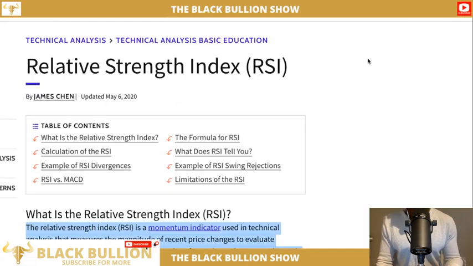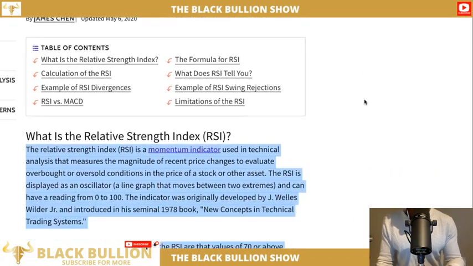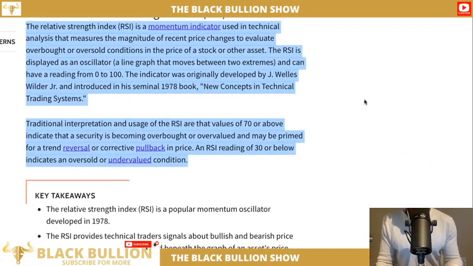Now let's take a look at the relative strength index, the RSI. The relative strength index, RSI, is a momentum indicator used in technical analysis that measures the magnitude of recent price changes to evaluate overbought or oversold conditions in the price of a stock or other asset.